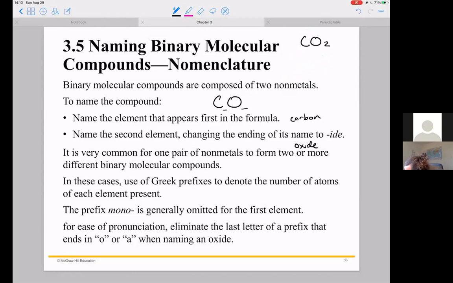So this one would be carbon dioxide, where the di means that I have 2 oxygens. And this one would be carbon monoxide, where the mono indicates that I only have 1 oxygen.